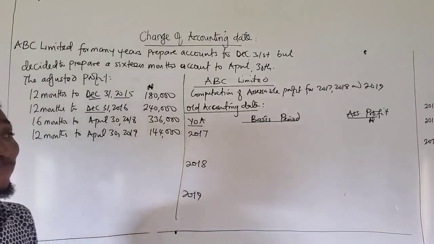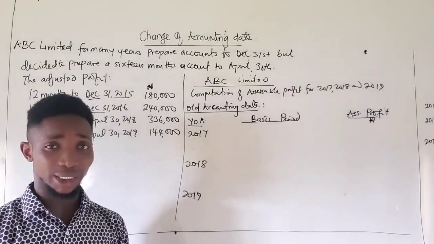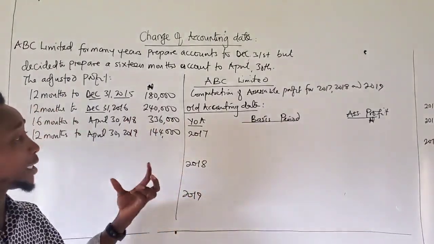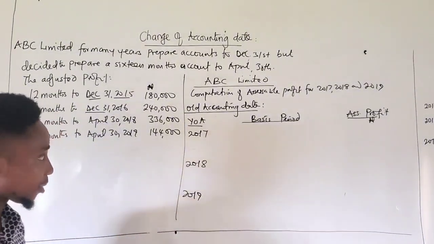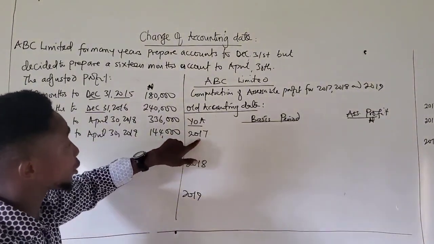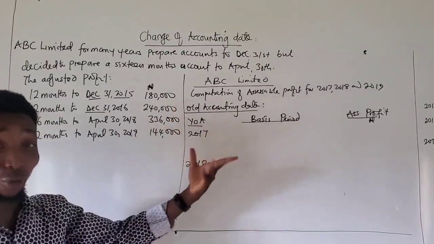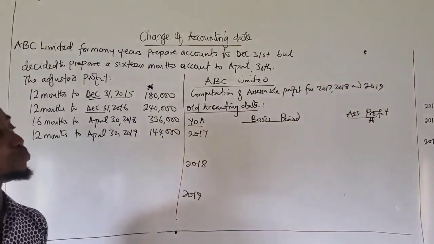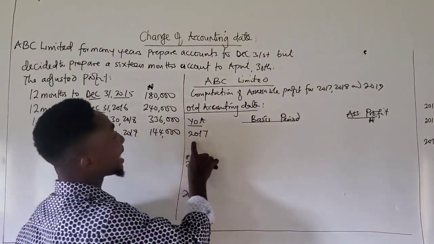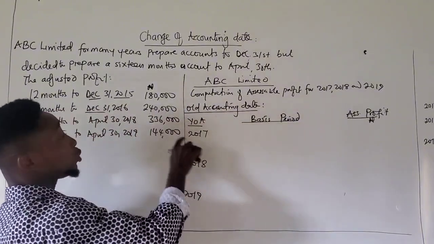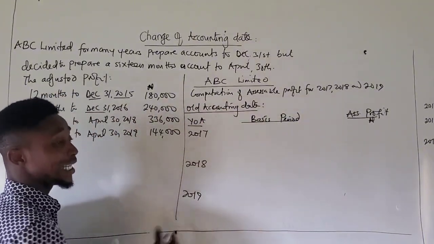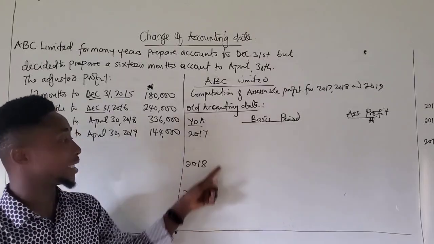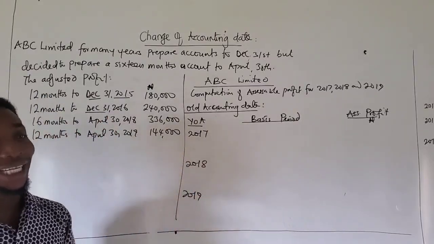Please take note, for an existing business, the basis of assessment is the preceding year basis. Preceding year basis. Now, to assess 2017, remember it is based on the year before. Remember that the accounting date is old, so you have to assess first the year of change and the 2 years following. Then assess these 3 years using the old accounting date.